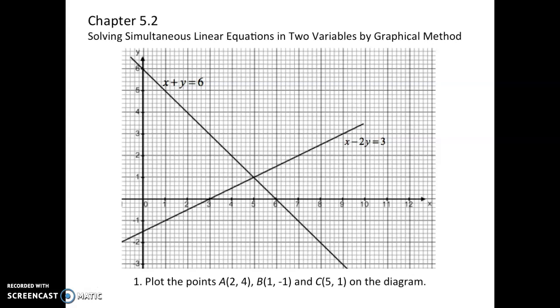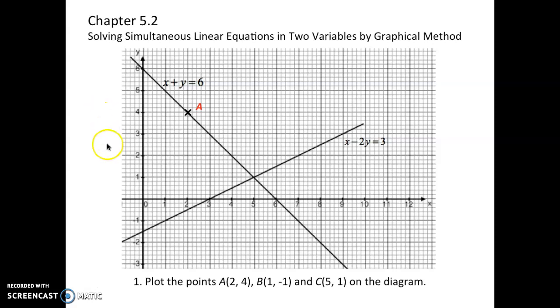Okay, for the first question, it asks us to plot the points. A is at (2, 4), which will be here. Always remember to read the x-axis before the y-axis when reading coordinates. Then point B is (1, -1).